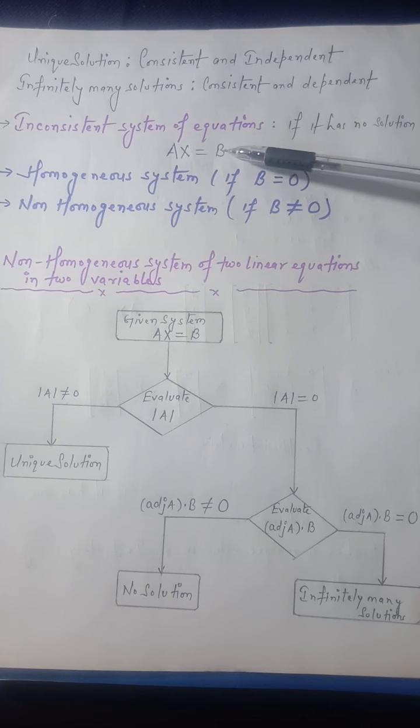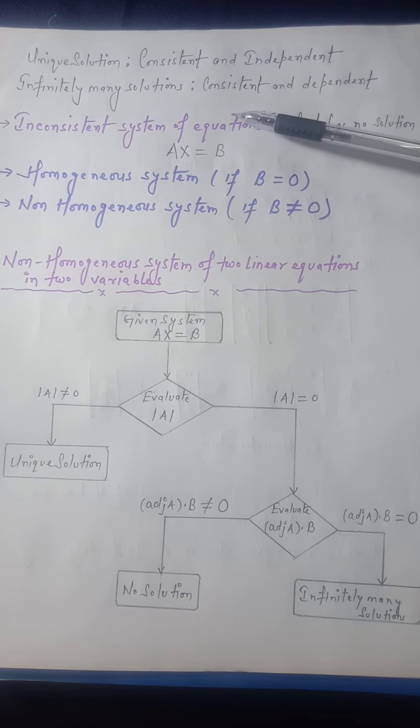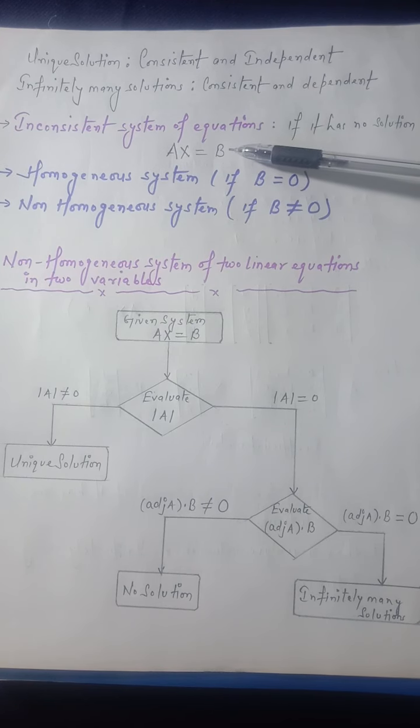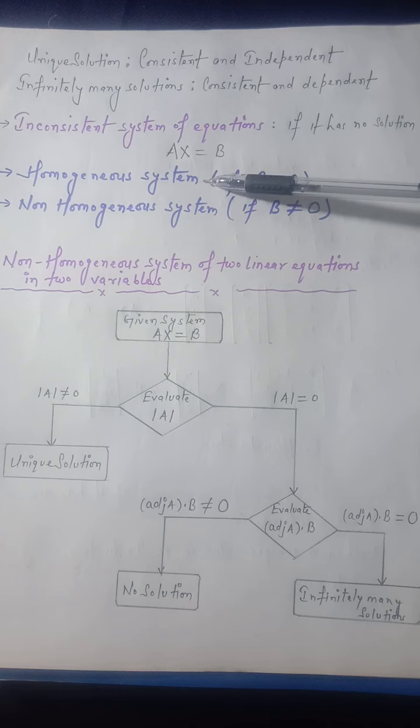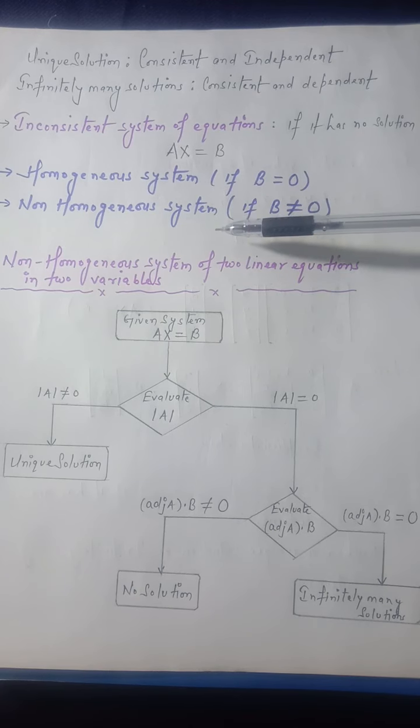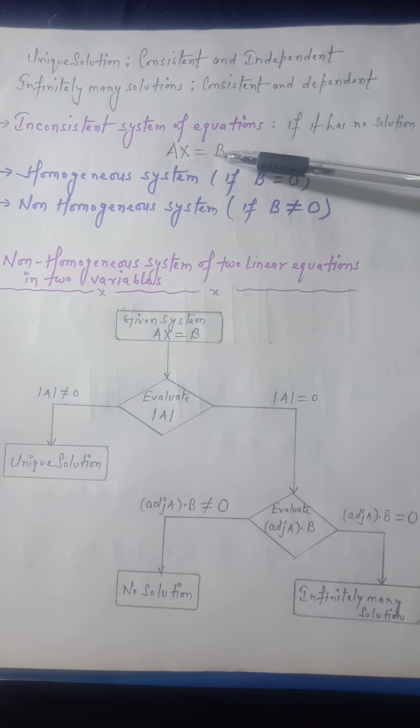When the right hand side matrix is a null matrix, or when in the given system of equations a constant term is not present, matrix B will be a null matrix. So when the system of equations represents AX equal to O, the system is known as a homogeneous system, whereas a non-homogeneous system means AX equal to B.